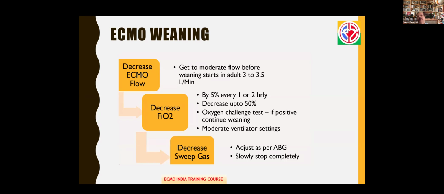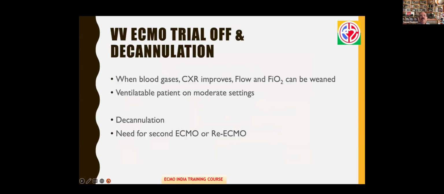If we ventilate the patient and the blood gas is good, saturations are good, etc., then moderate ventilator settings, further you can come down on. Decrease the sweep gas at this time, adjust as per the blood gas, and stop ECMO completely once the patient has good blood gas and reasonably good functioning lungs.